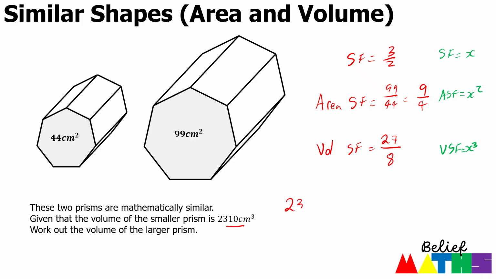So we're going to do 2310 multiplied by 27 over 8. And again, your calculator will do this for you. Multiplied by 27 over 8 gives you an answer of 7796.25 centimeters cubed. And that's your final answer. And it's worth being able to manipulate those scale factors because they might give it to you in different forms.